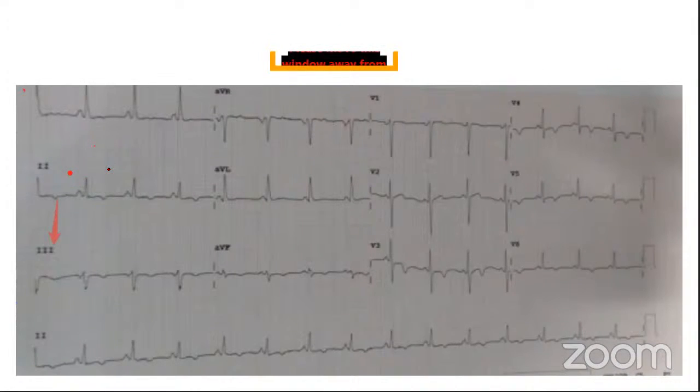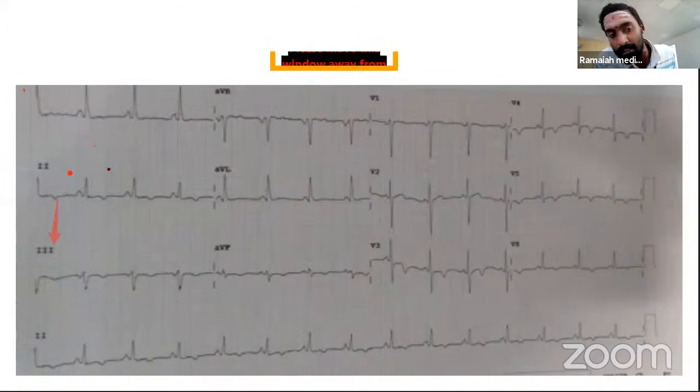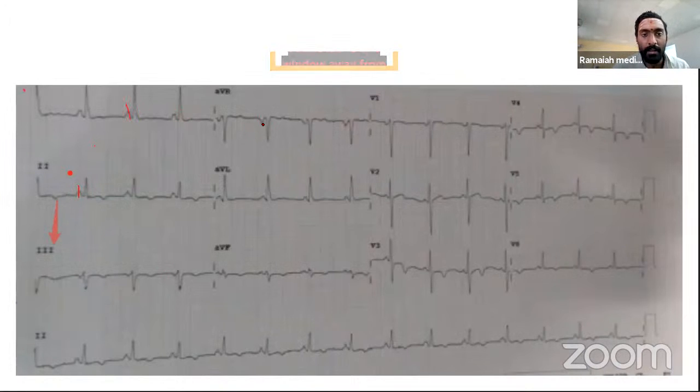The rhythm is different, the rate is different. Rhythm is sinus versus non-sinus. It's positive P in lead 2 and 1 and negative in AVR and positive again in V4 to V6. So it is normal sinus, correct?